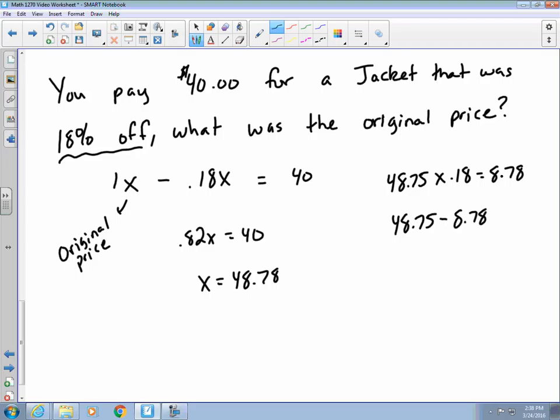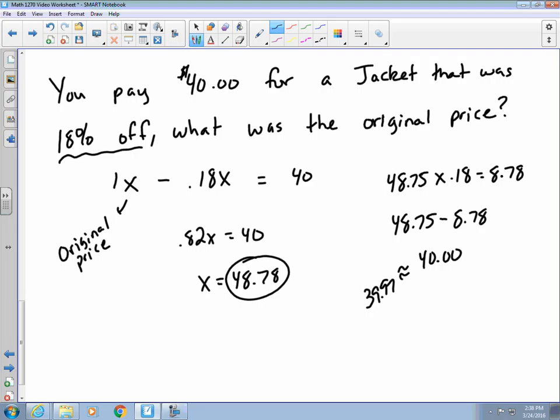Some rounding errors here, but then you would have your $40. I know this is going to be off by a few cents, because I was rounding before. It actually comes out to $39.97, but that's just a rounding error I was making back here. But that proves the original's $48.78, so you want to work your way backwards.